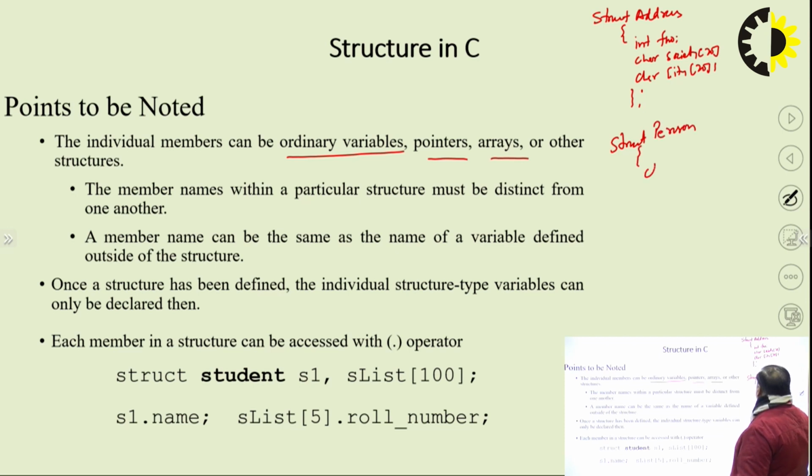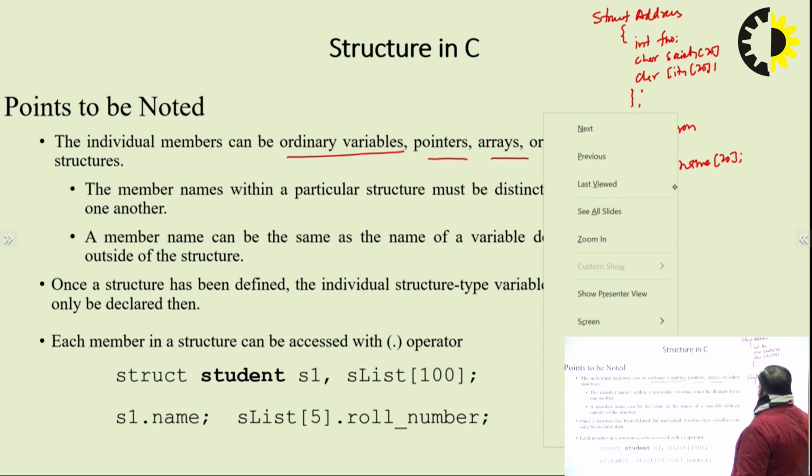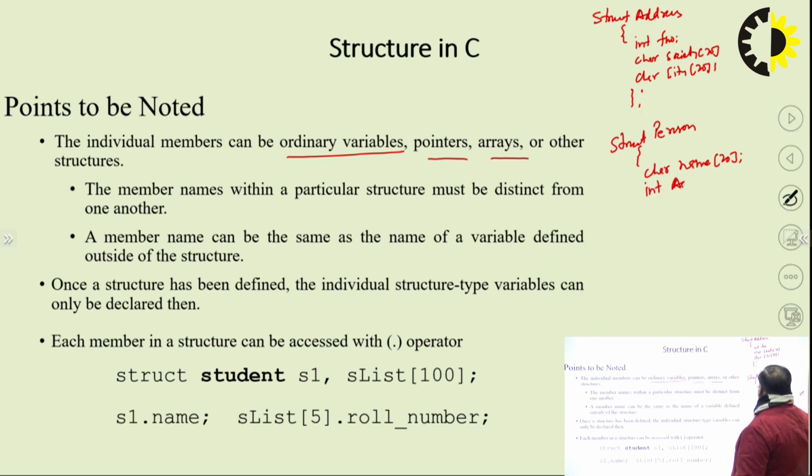So we can have char name, int Aadhaar number, and we can have struct address A. What is happening here is that we are creating an address type variable inside another structure.